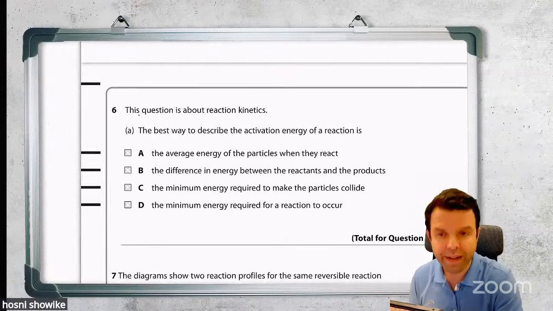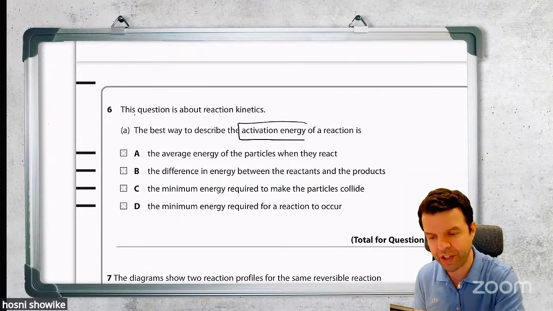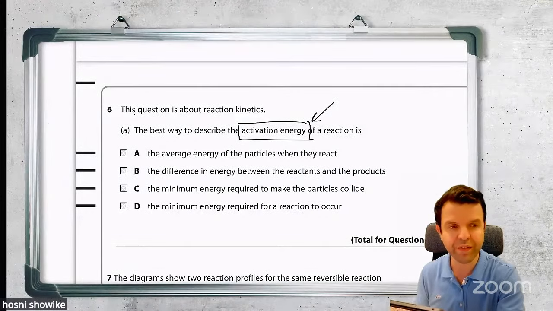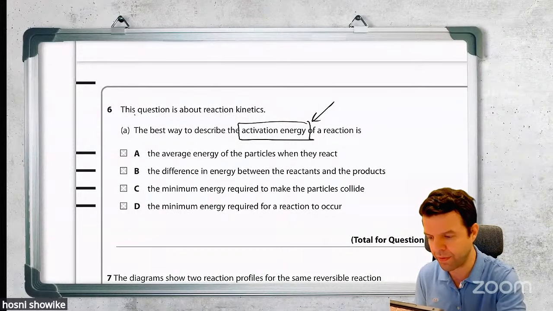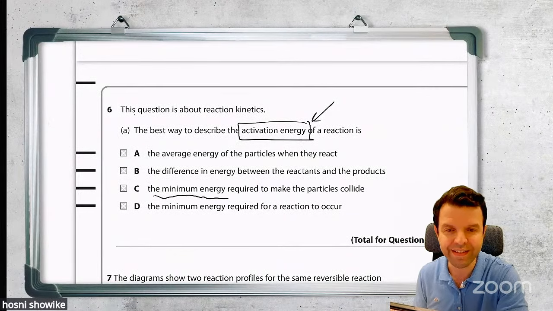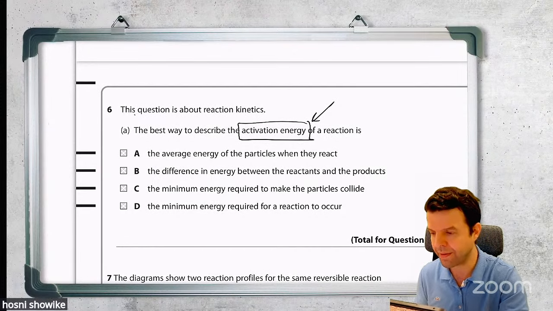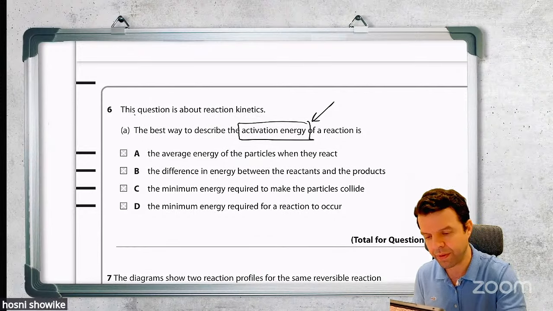This question is about kinetics. What's the best way to define activation energy? So what is activation energy? I think you know this one since you were little. The minimum energy necessary for particles to collide successfully, right? So C is wrong, actually.